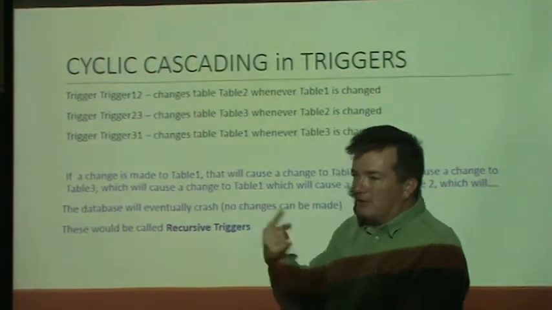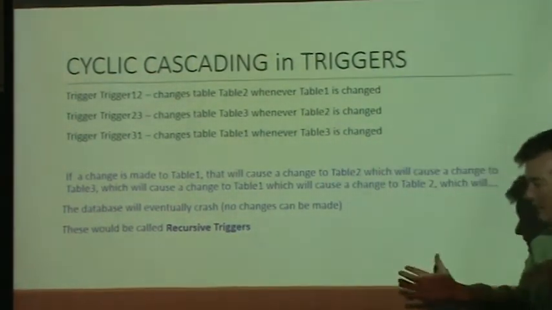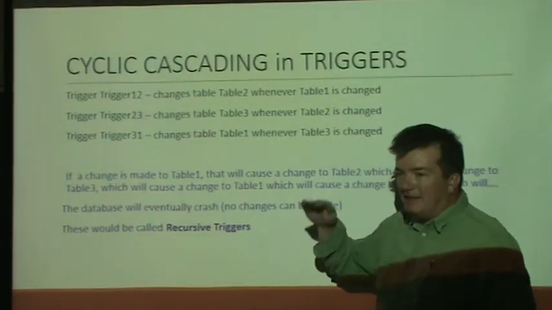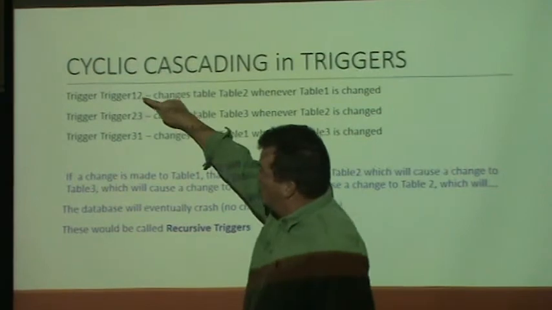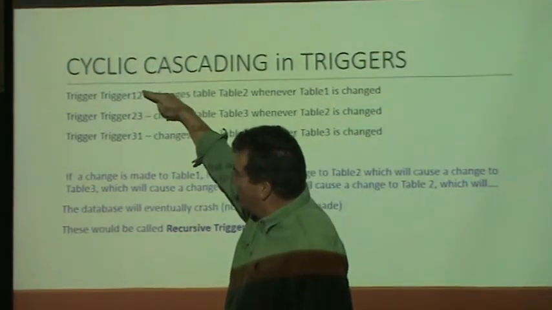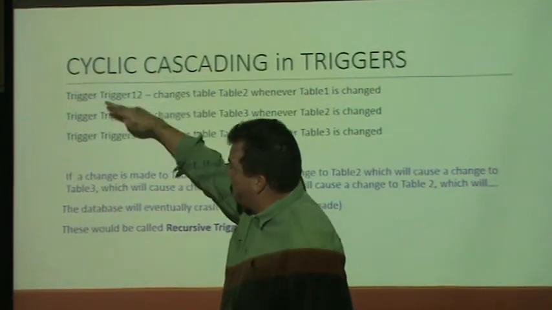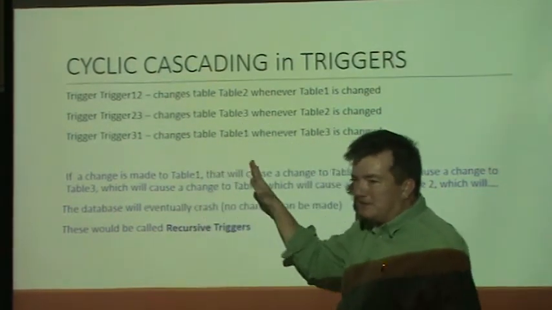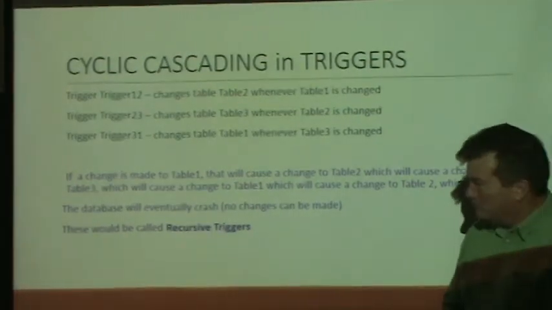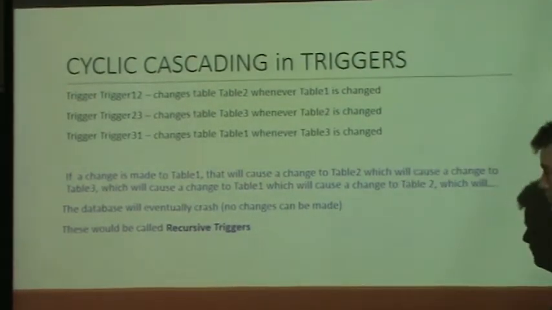It would detect that you created a recursive trigger and won't allow it. And other ones will let you set how many levels you want to go. Like, after one round, they stop. So different databases handle it different ways. I guess it's more important we just know what the issue is here.